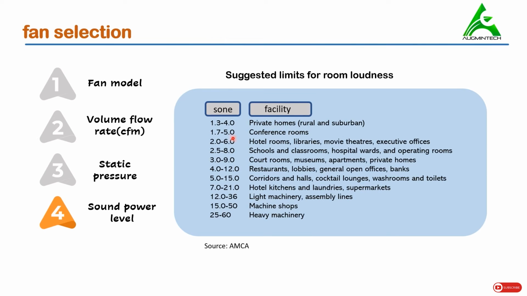In the same way, for conference rooms, the allowed value is 1.7 to 5 sones. So if there is a fan having a sone level of more than 5, such a fan cannot be selected for a conference room, and so on. So this table will be referred to while selecting fans as far as sound power level factors need to be considered.